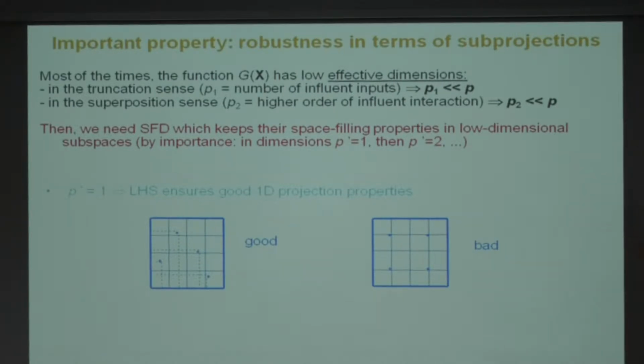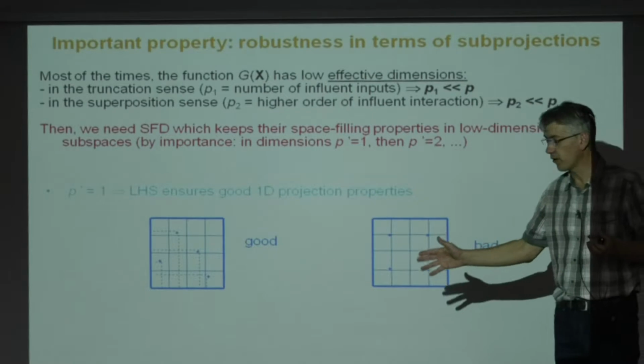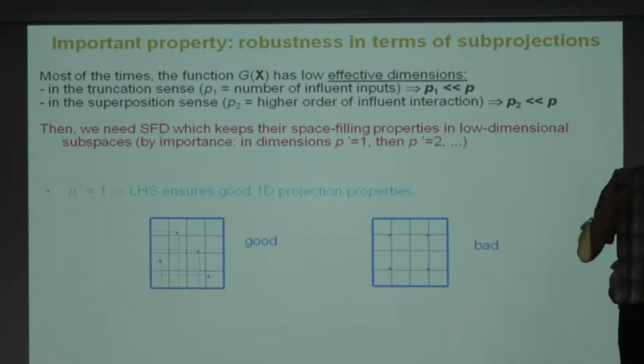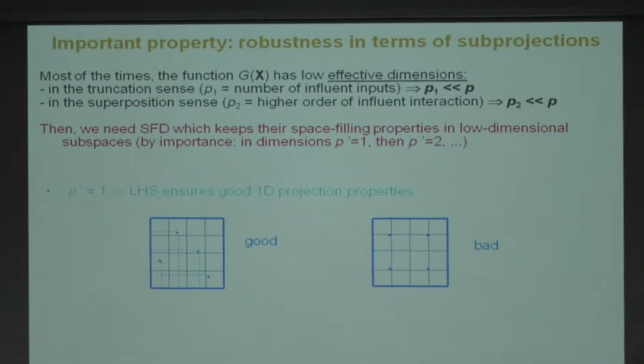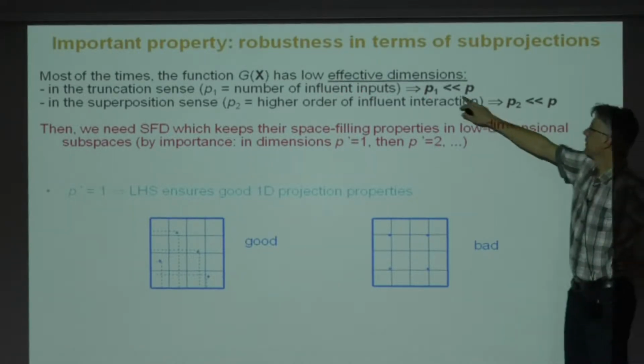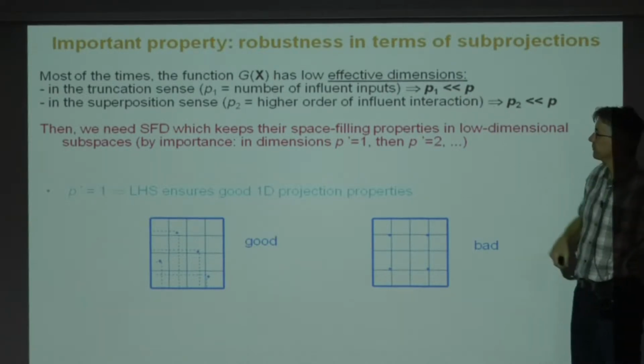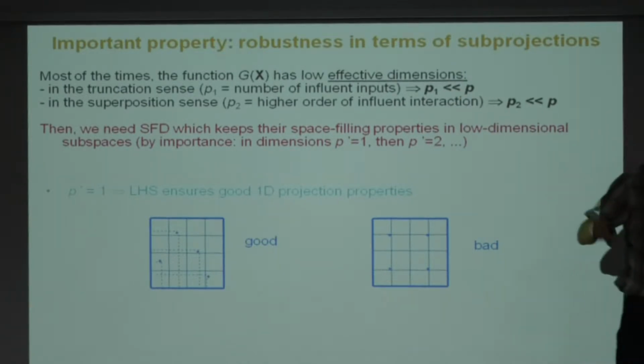If you have 100 components in X, probably g depends only on 10 or fewer components. So the effective dimension, in the truncation sense, is the number of influential inputs, and it is most of the time much smaller than p. So this is the third definition of the effective dimension of a function.